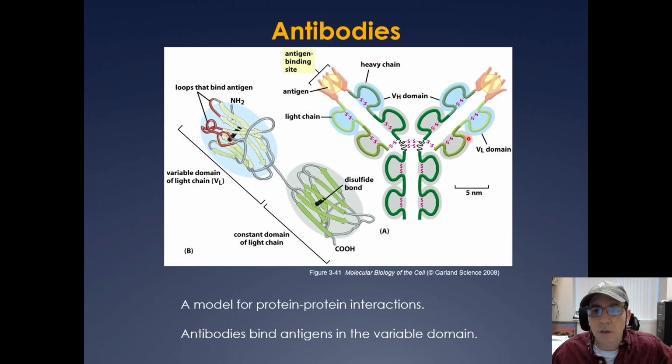Okay, so here's an antibody, and this is really a great molecule for understanding protein-protein interactions, because antibodies bind antigens, and I'm sure you guys have heard a lot, especially with the COVID-19 pandemic, about antibody-antigen interactions, right?